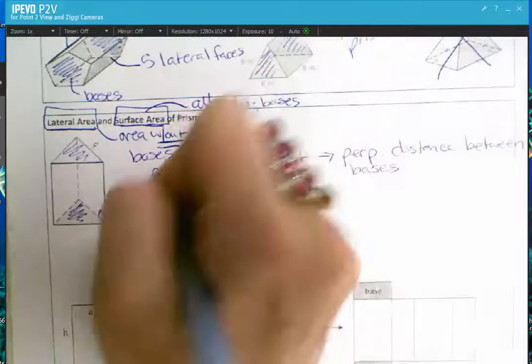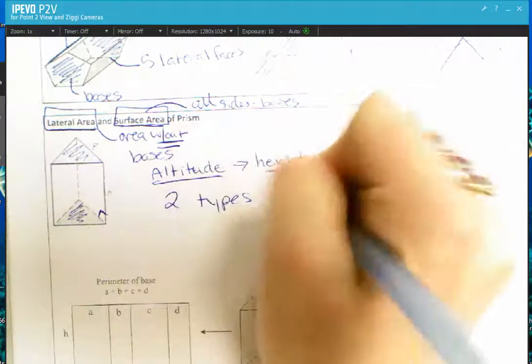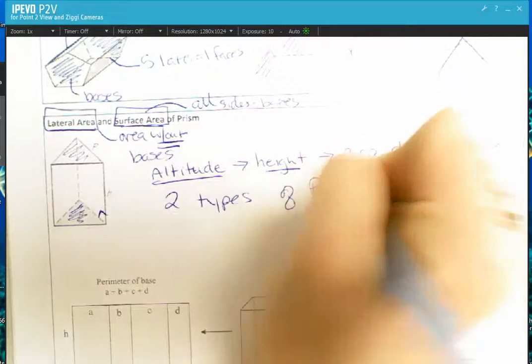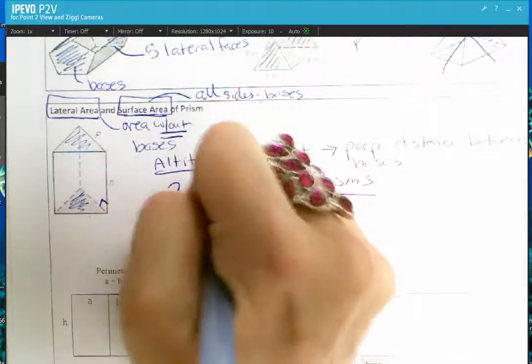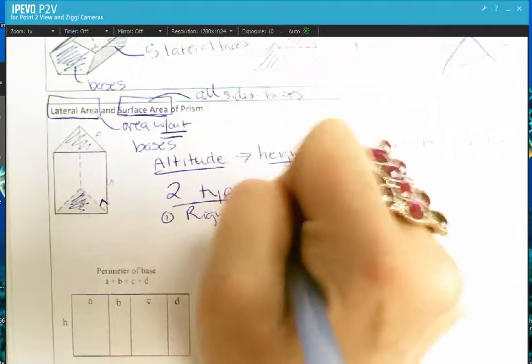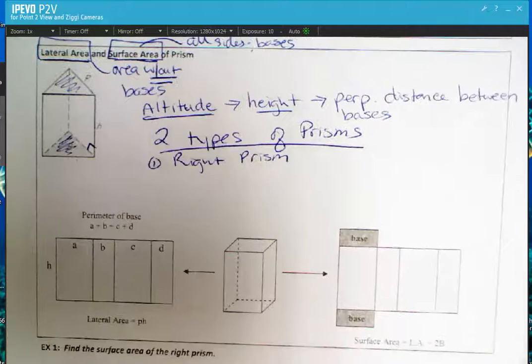Let's see. You have 2 types of prisms. You have a right prism, and that just means that your height is located actually inside the figure.